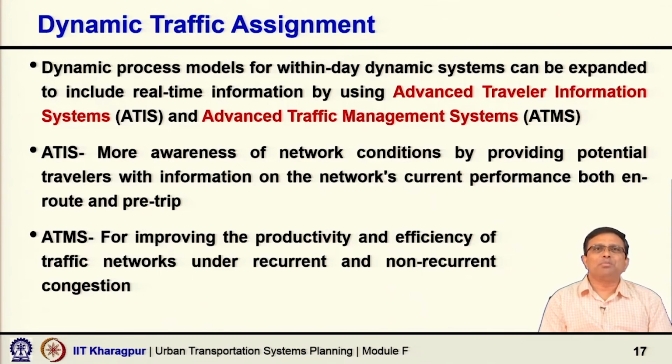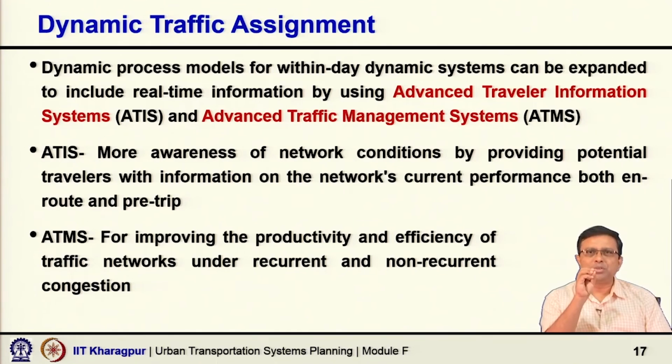Now, dynamic process models for within day dynamics can be expanded to include real time information by using advanced traveler information systems, popularly known as ATIS, and also advanced traffic management systems, ATMS. If you provide real time, predictive, or en route information, every type of information will have a different impact.